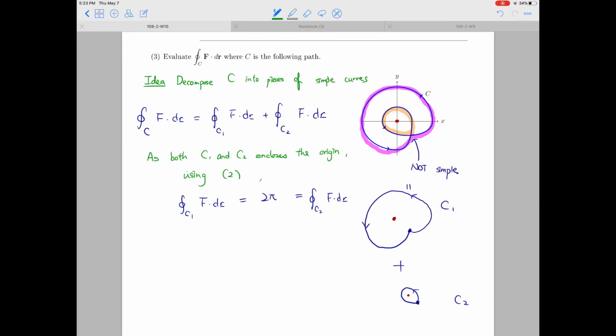Hence, the total line integral in this case equals 2 pi plus 2 pi, which is 4 pi. That's the answer.